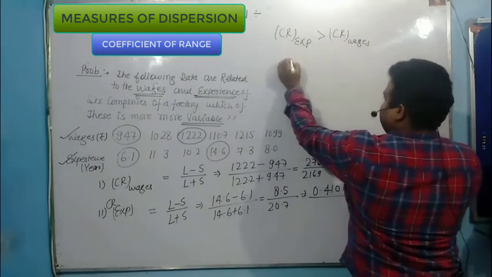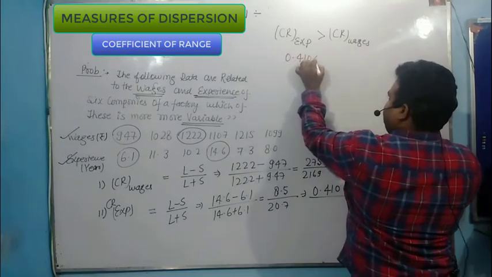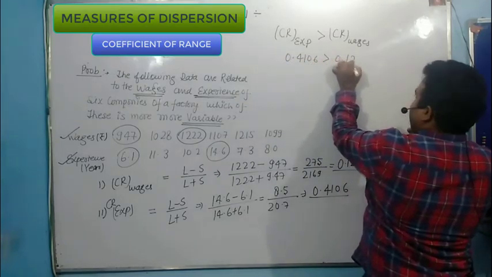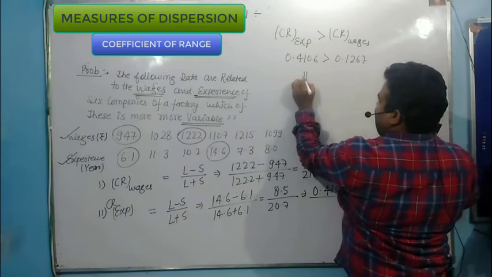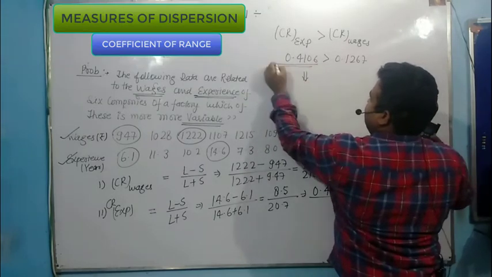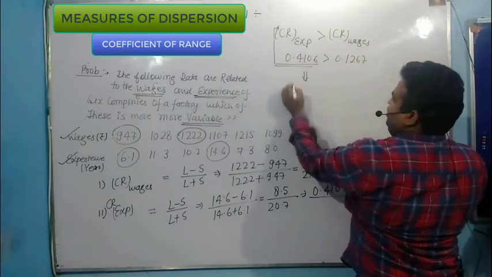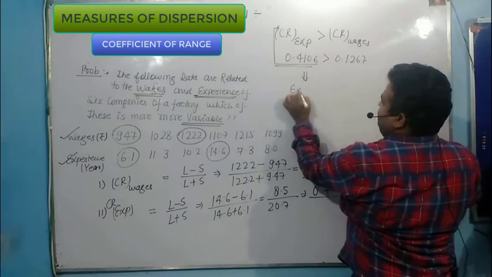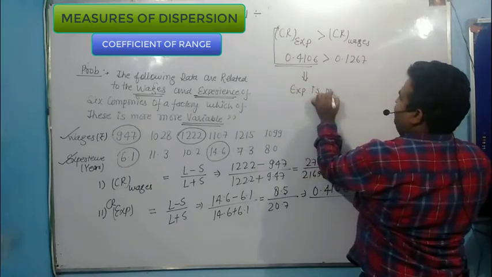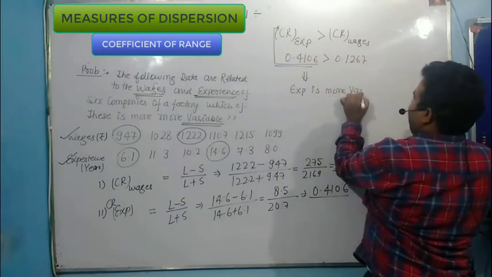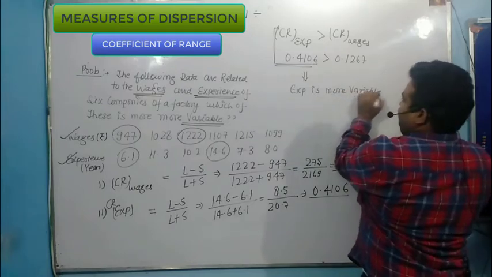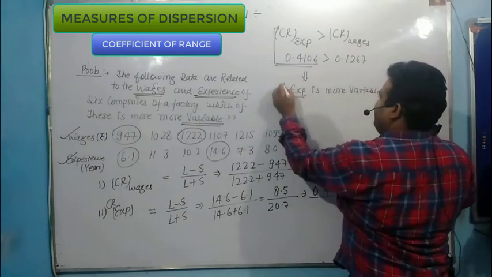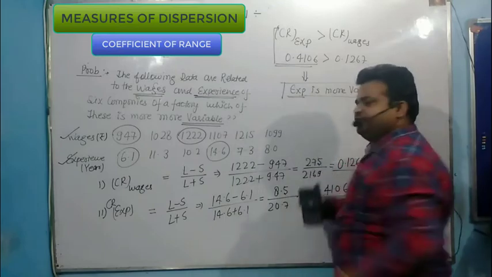Because 0.4106 is greater than 0.1267. It means that the coefficient of experience is greater, so experience is more variable. This is the solution of this question.